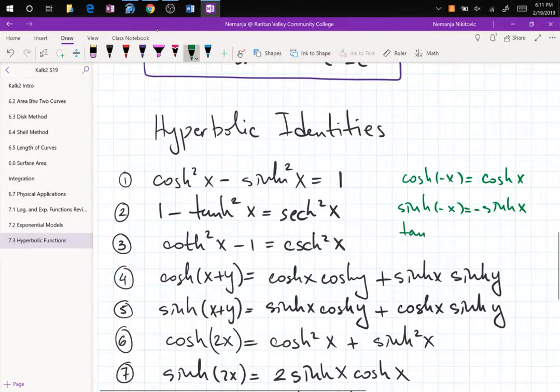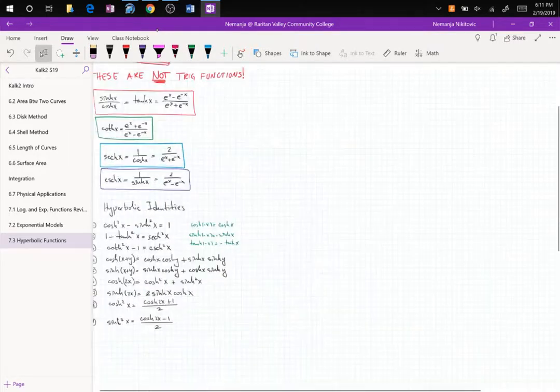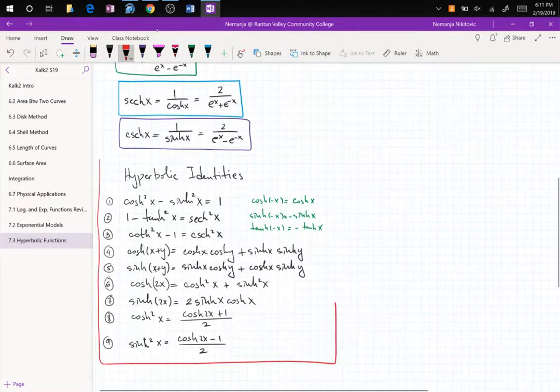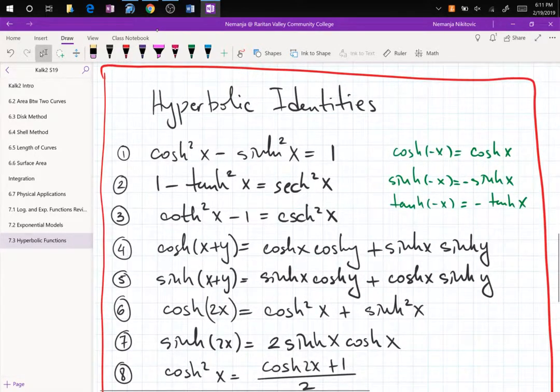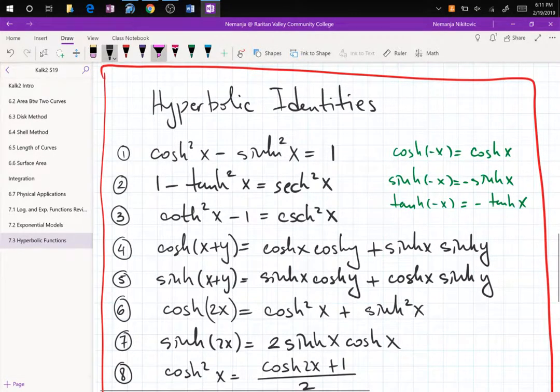And tangent hyperbolic of negative x is negative tangent hyperbolic x. So these are the hyperbolic identities.